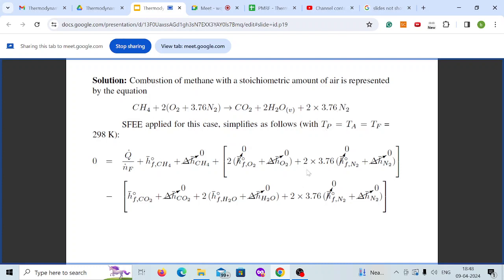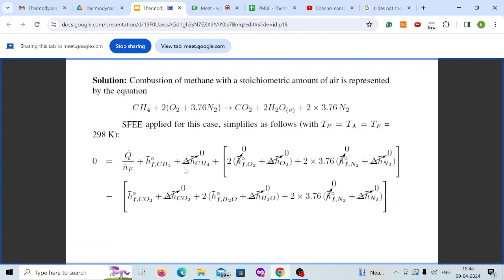If you write a steady flow energy equation across the combustor, this is what we did in the previous problem. Q divided by number of moles plus the enthalpy of formation of reactants plus the sensible heat for methane plus air, similarly for air.